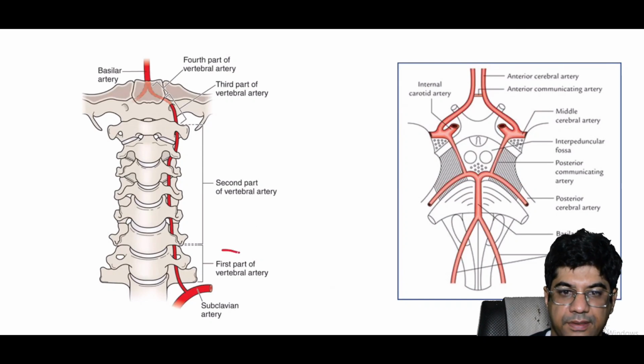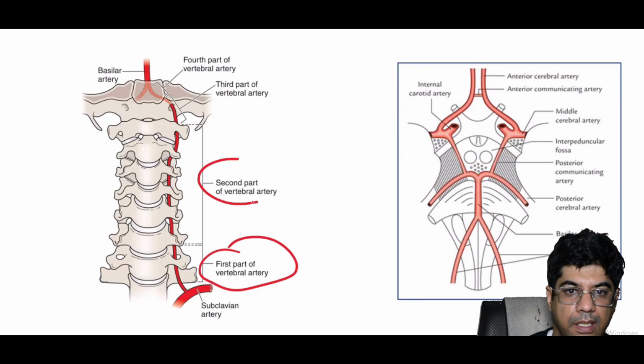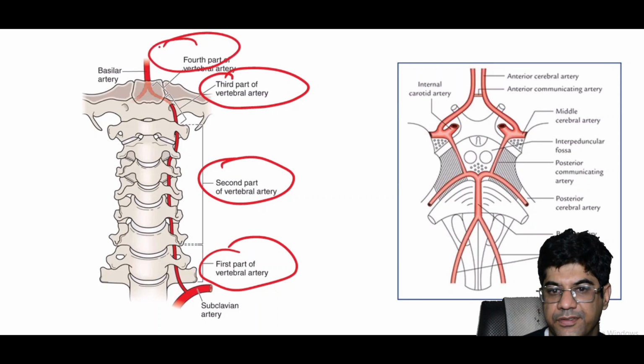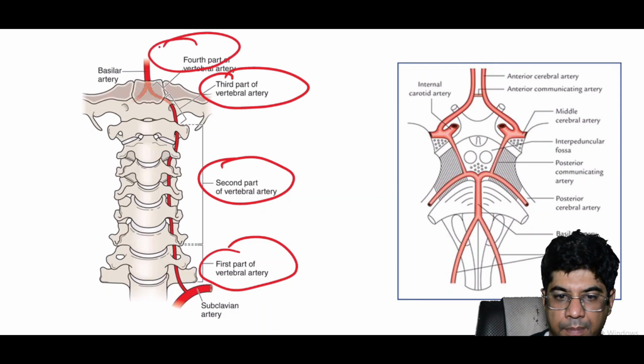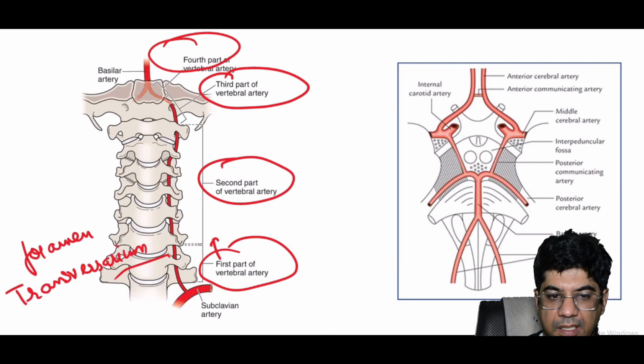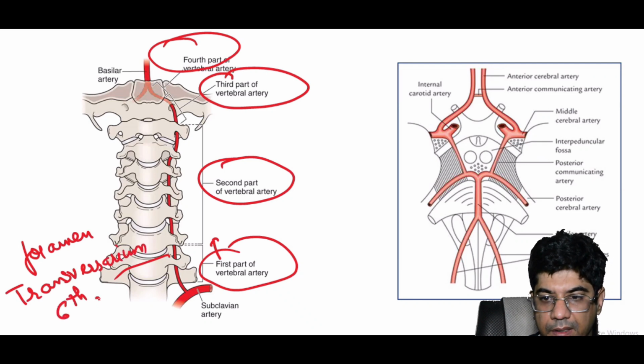The first part, second part, third part, and the fourth part. The first part of the vertebral artery has its origin and runs to the foramen transversarium of the sixth cervical vertebra.